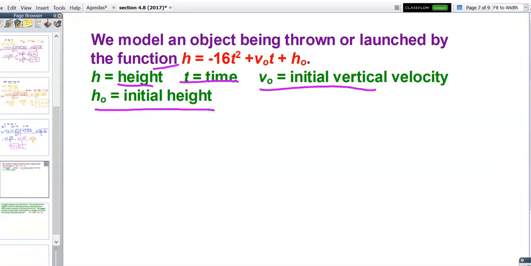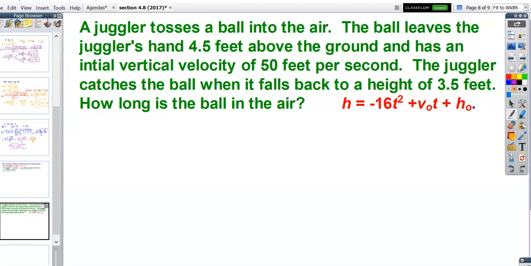So when we read the question on the next slide, we really want to be deliberate about picking out what each variable represents, especially with the heights, because it's easy to confuse those: what's the height we're solving for, what's the initial height. That's a really easy one to mix up. So a juggler is tossing a ball into the air.